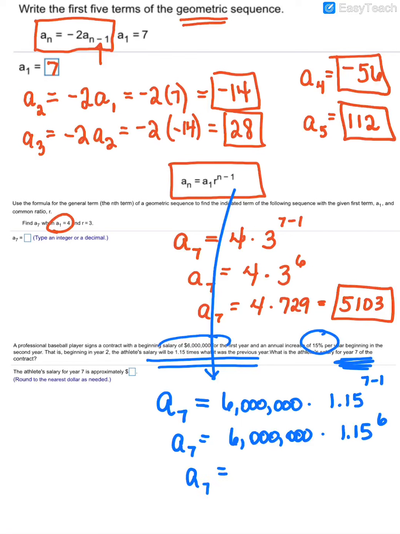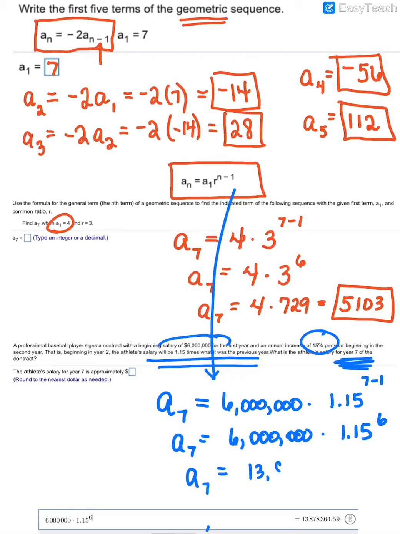We would get on a calculator at that point to multiply it out. I brought a calculator in at the bottom where I multiplied it out, and you can see that his salary would be $13,878,364.59, but in the problem they're saying round it to the nearest dollar.